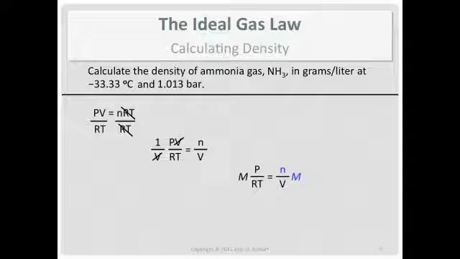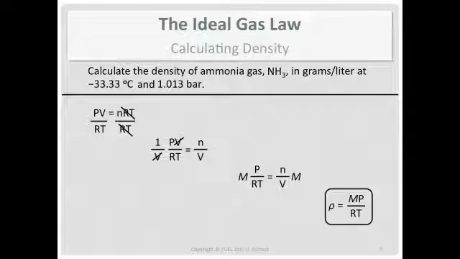Well, that's just mass. And then divide that by volume. Well, that's density. That's mass over volume. I'm just switching sides there on the bottom right. Okay, so we have density equals, well, what remains? Molar mass times P over RT.